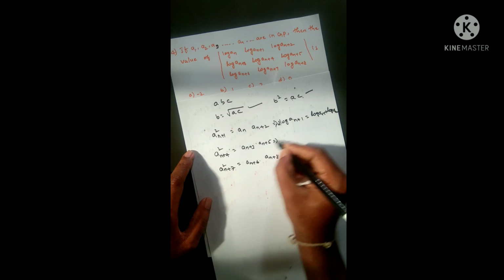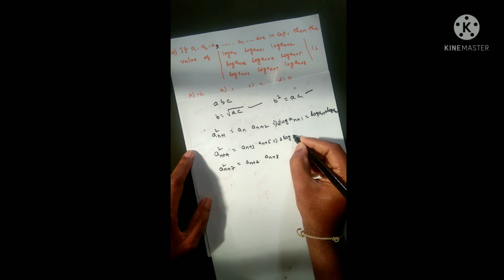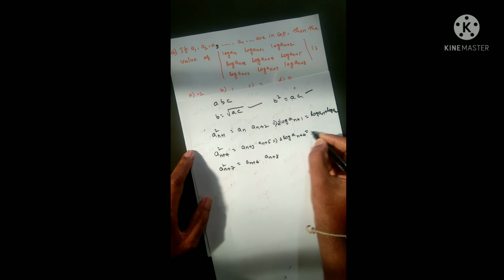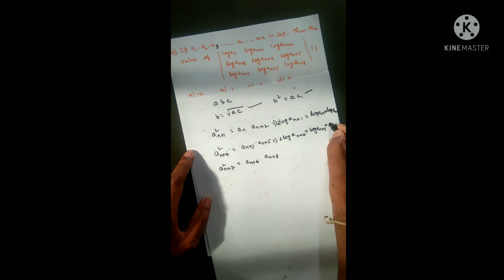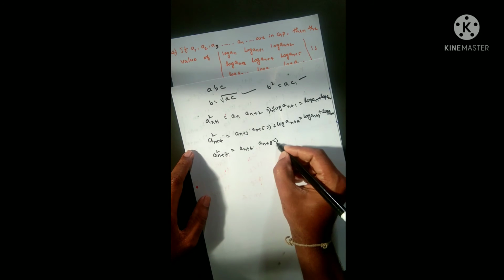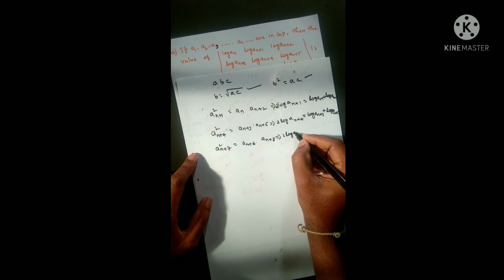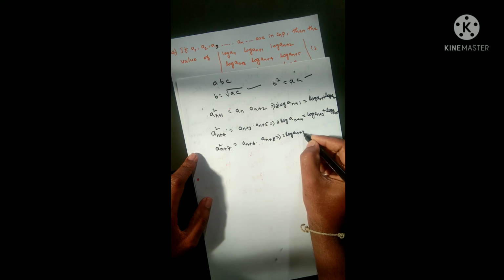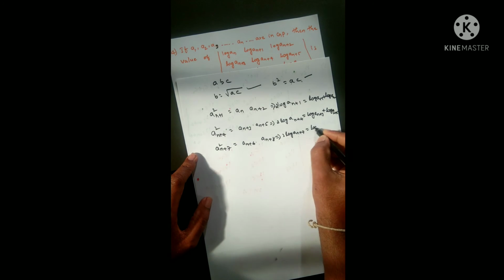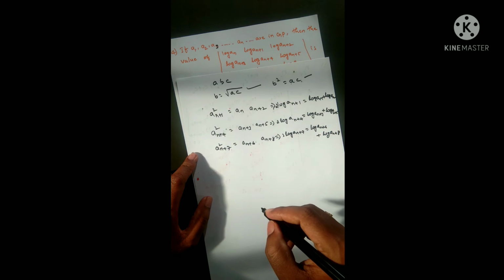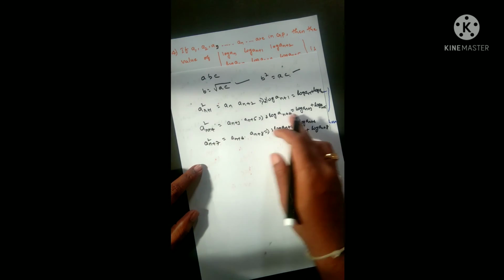The same way, 2 log A n plus 4 is equal to log A n plus 3 plus log A n plus 5. And 2 log A n plus 7 is equal to log A n plus 6 plus log A n plus 8. This we can write after applying the log.